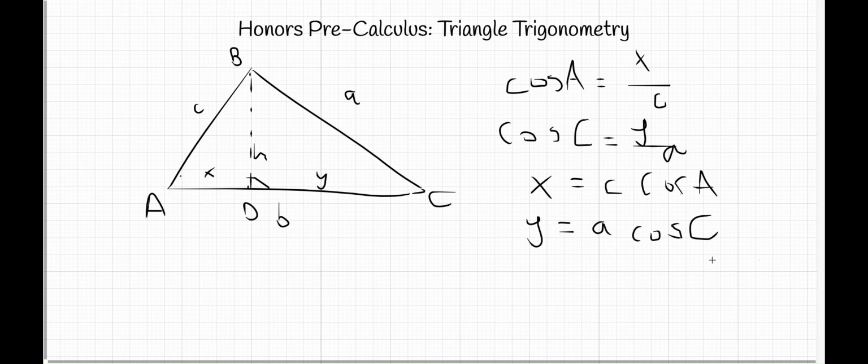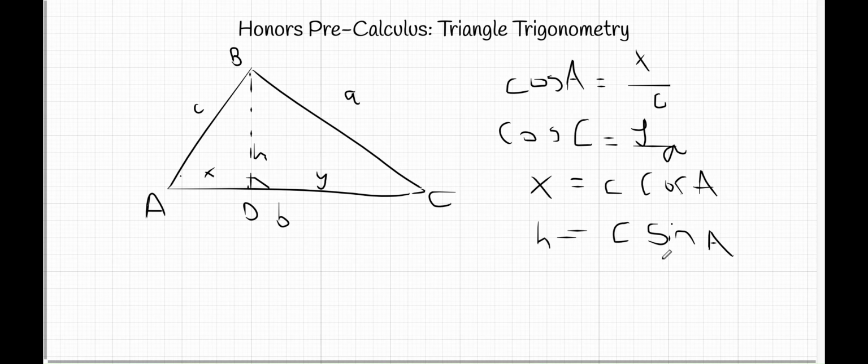Well, as it turns out, we actually don't need this second equation. Instead, we can use something from the law of sines and find an equation for h using the right triangle ABD. We got h is equal to c times the sine of A. Remember, this is from the law of sines proof, so I could have written sine of A is equal to h over c and then multiplied both sides by c, but we already saw this once.